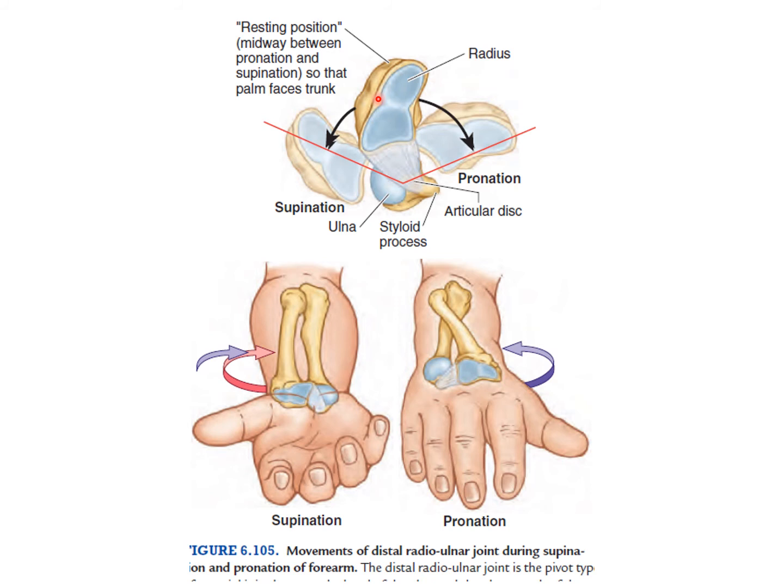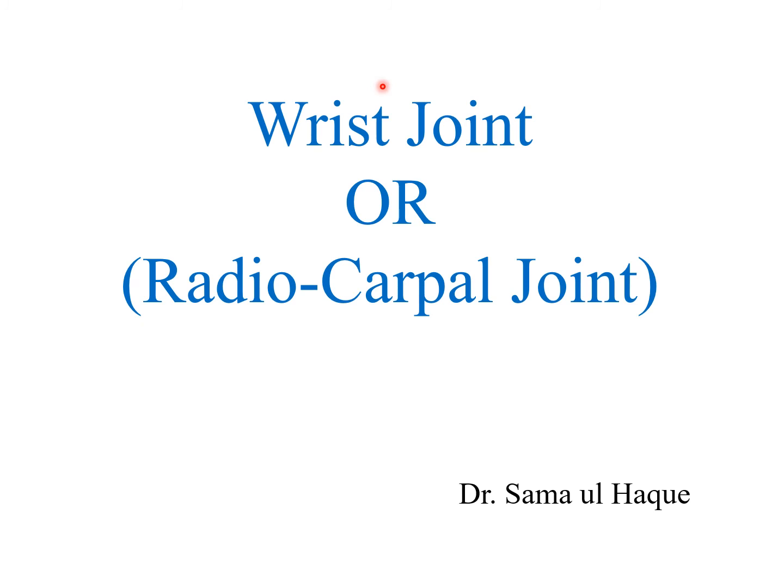So in the mid-prone position, the lower end of the radius will be lying almost vertical. That's all about the radioulnar joint.